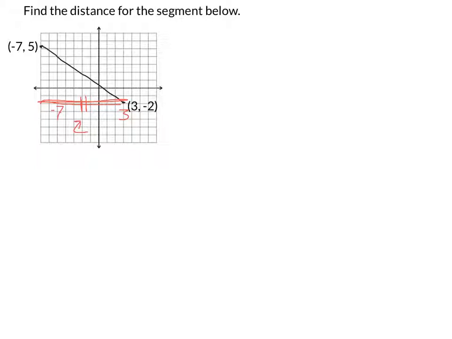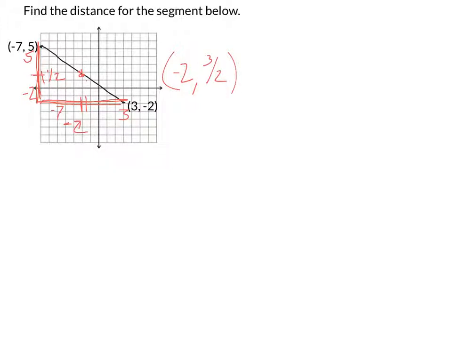And if I go the up-down, I went from -2 up to 5, and its midpoint should still be 1.5 or 3/2, right there. And so the midpoint of this segment should be at -2 over and 1.5 up, roughly there. So the midpoint should be (-2, 3/2).